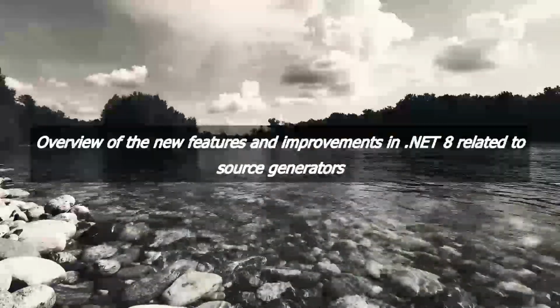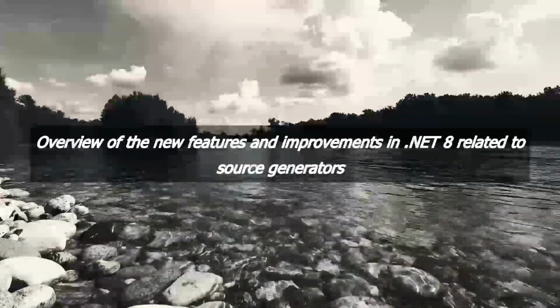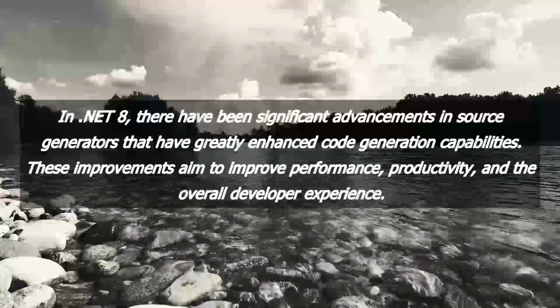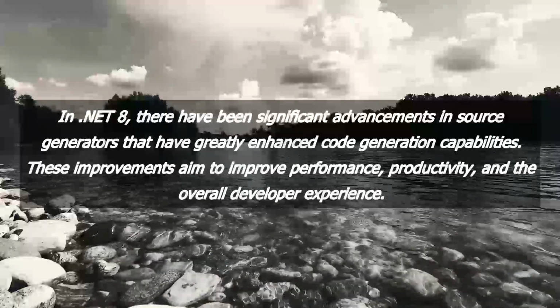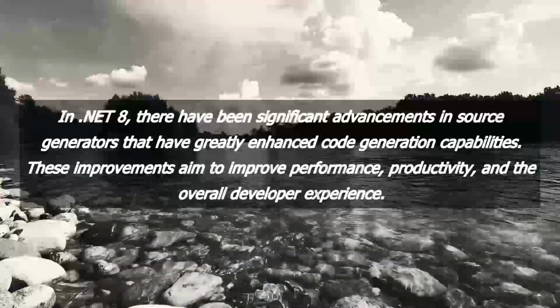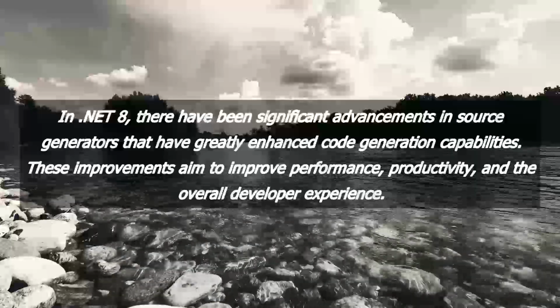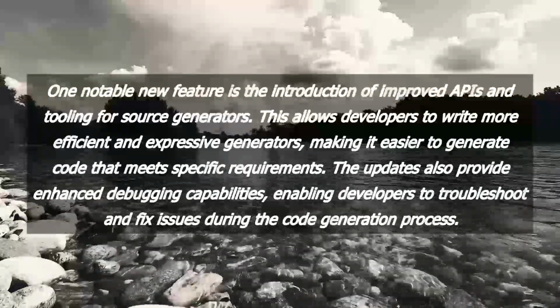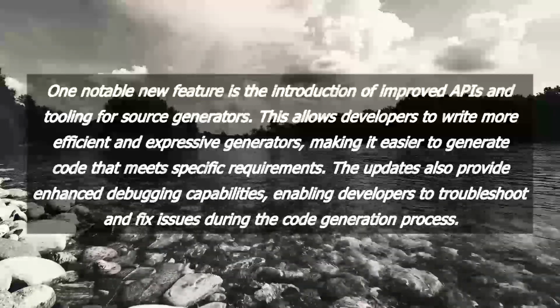Overview of the new features and improvements in .NET 8 related to source generators. In .NET 8, there have been significant advancements in source generators that have greatly enhanced code generation capabilities. These improvements aim to improve performance, productivity, and the overall developer experience. One notable new feature is the introduction of improved APIs and tooling for source generators.